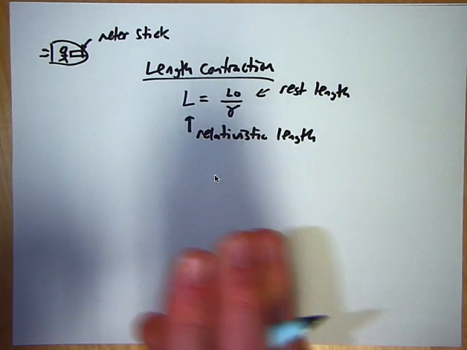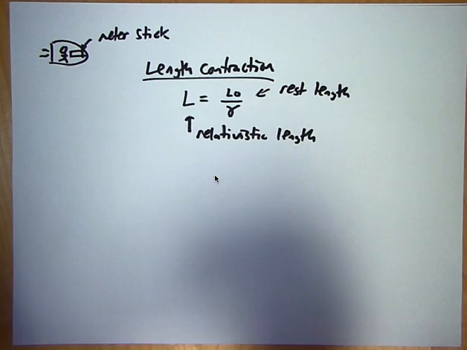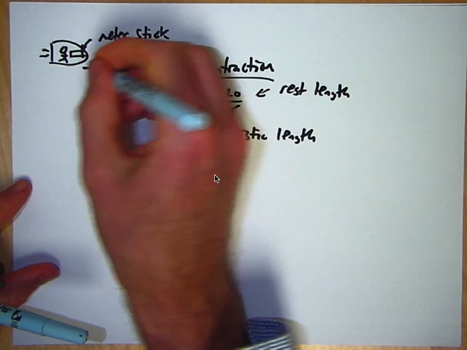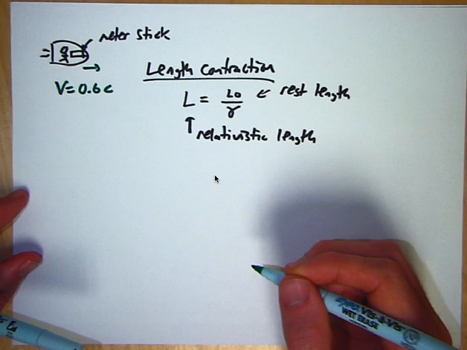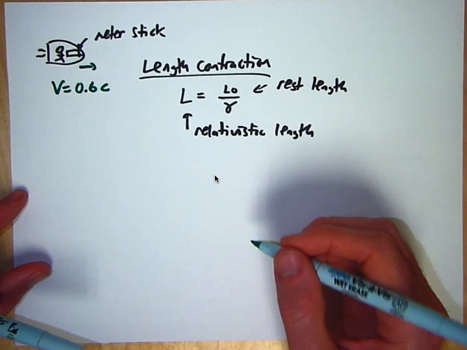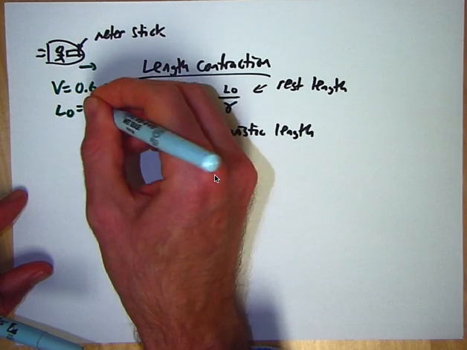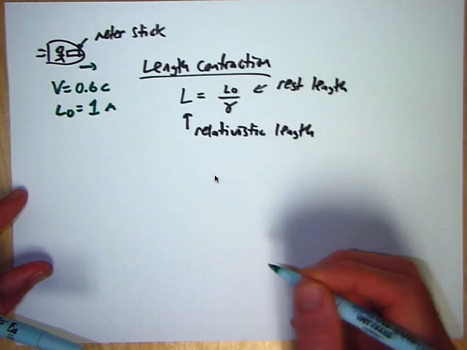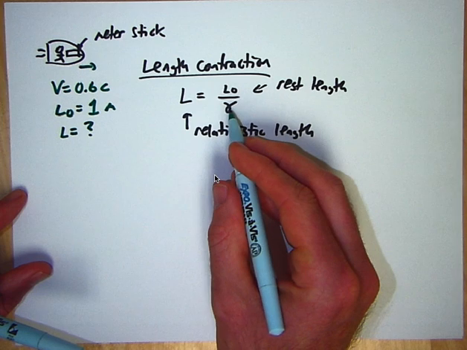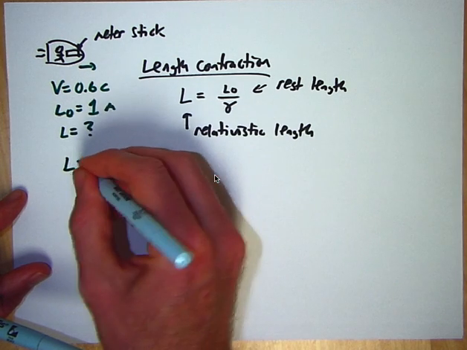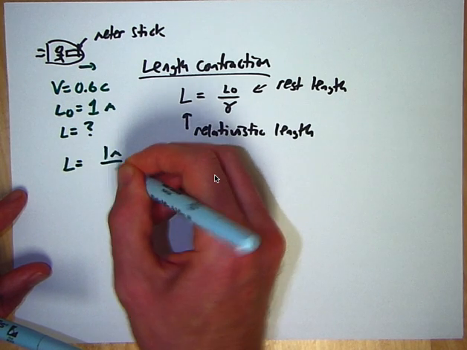Right? Let's just do the same example from the same speed as before. So we'll just say v is 0.6c, 60% of the speed of light, and let's have L0 be 1 meter, and we're going to calculate what is L. Well, really easy, because we already know what gamma is, so we can say L is 1 meter divided by gamma.